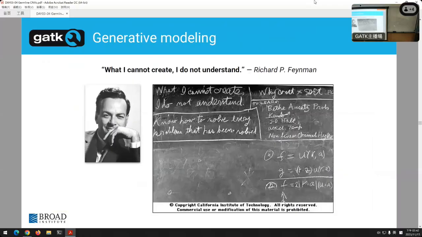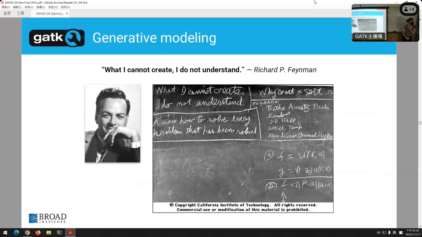Okay, so the approach that we take is generative modeling. The idea here is that if we can simulate data that looks like the data that we observed by describing the relationships between the underlying parameters that we're interested in and the observed data, then through that process we can understand our data.